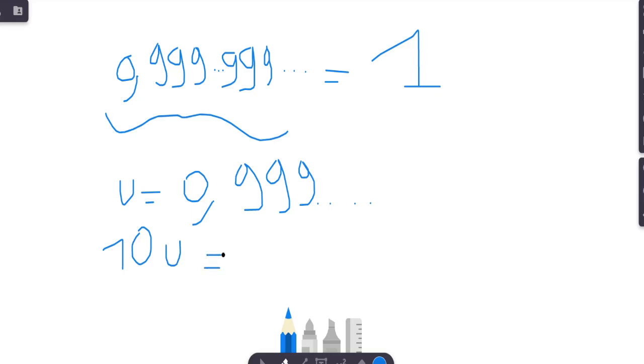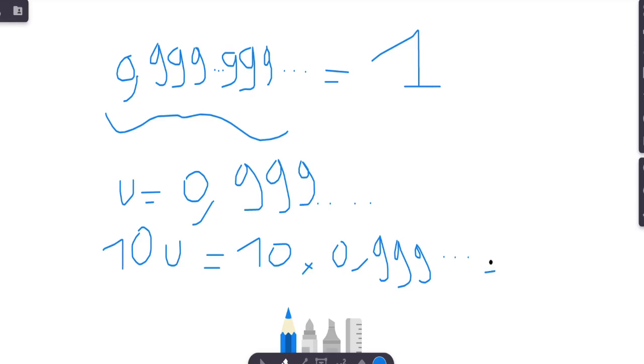equals 10 multiplied by 0.999 with an infinite number of 9.